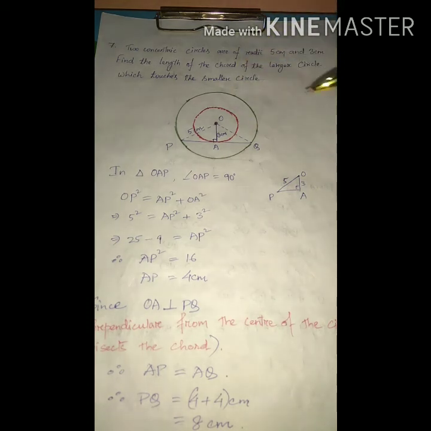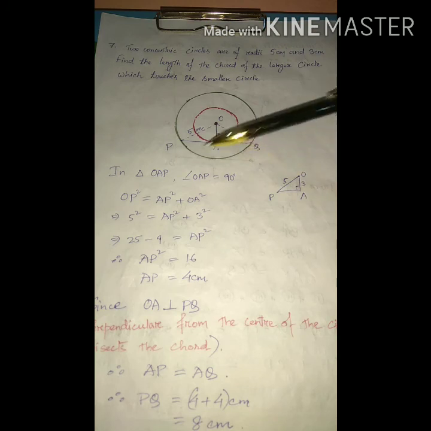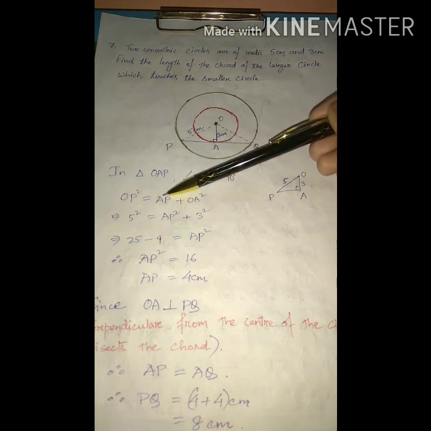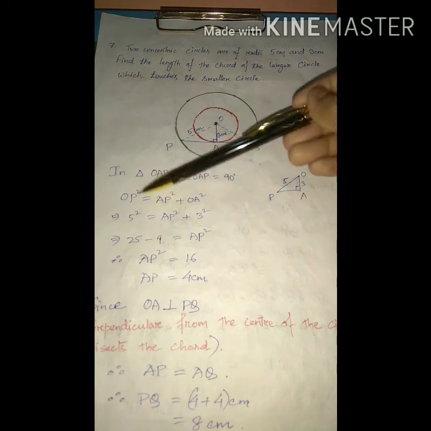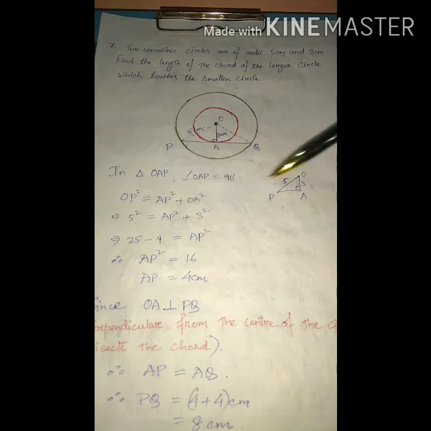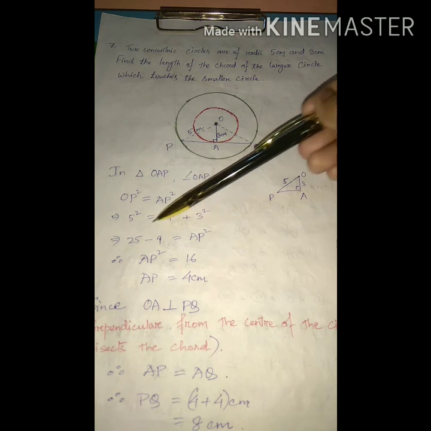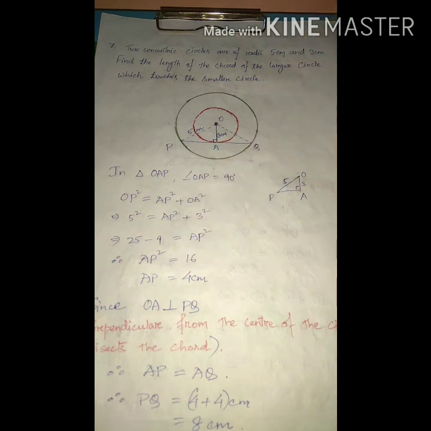So if you apply the Pythagoras theorem, then we write OP square equals OA square plus AP square. OP means 5, AP we don't know, but OA we know is 3. If you put this in and calculate the value of AP, how much do you get? 4 cm. Is it clear? Okay.